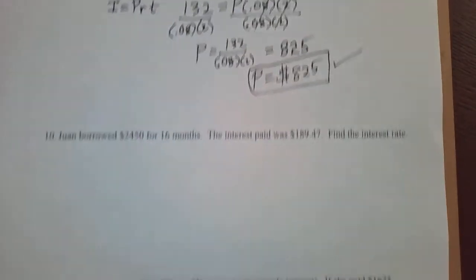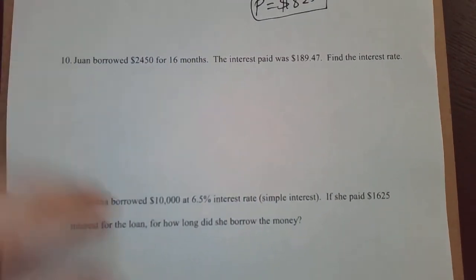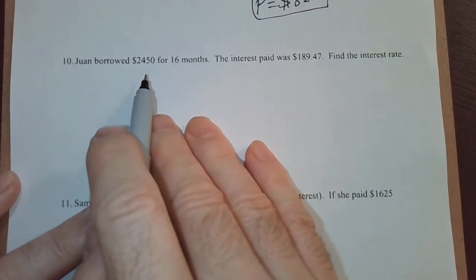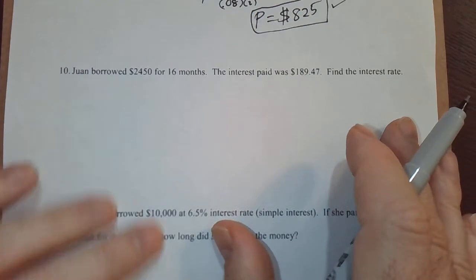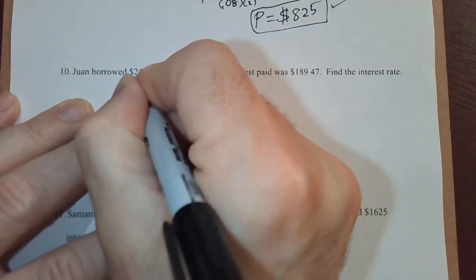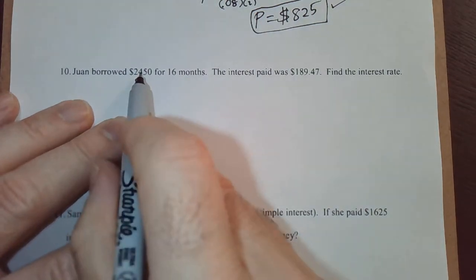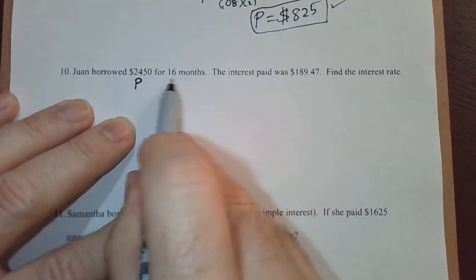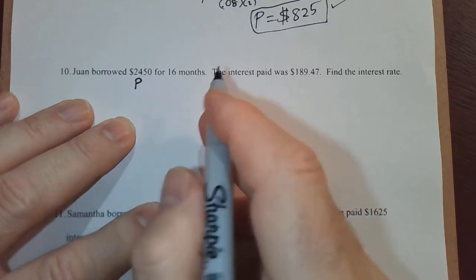Number 10. Juan borrows $2,450 for 16 months. All right, this is P. That's the principal amount. 16 months, I'm going to convert this into years.